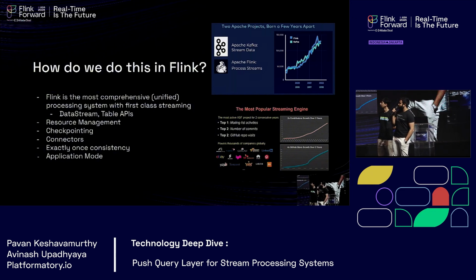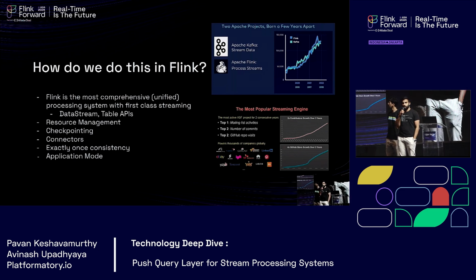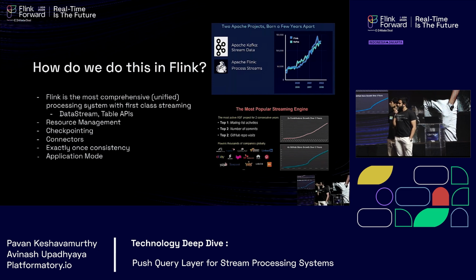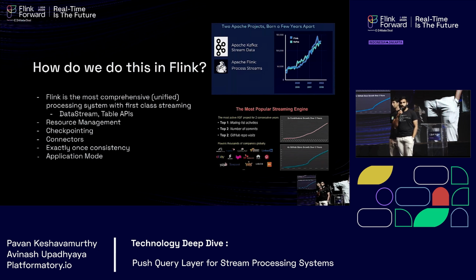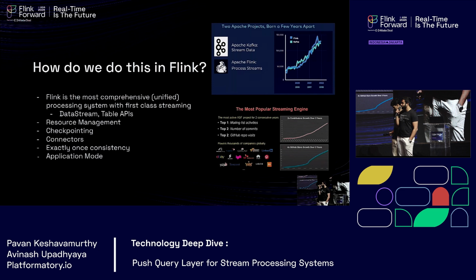Flink has a unified processing layer which allows you to do both streaming and batch, and has checkpointing and watermarks so that you can save your progress as the stream processing occurs, and has a dedicated application mode that you can run along with your application, and has a complete framework for managing your resources.